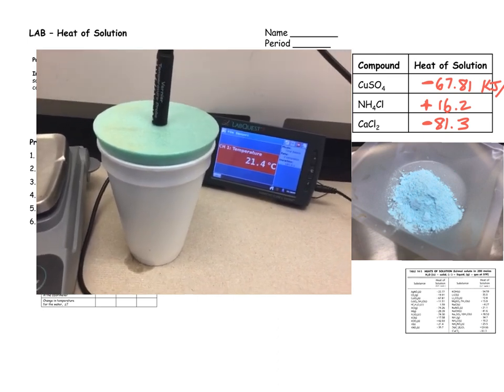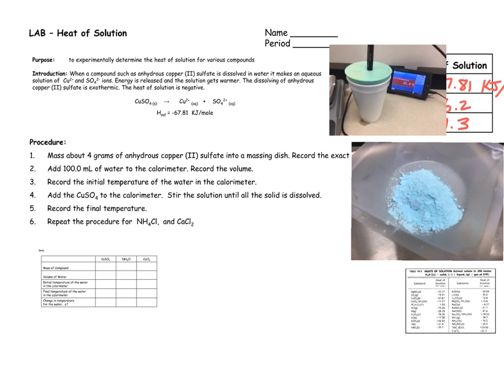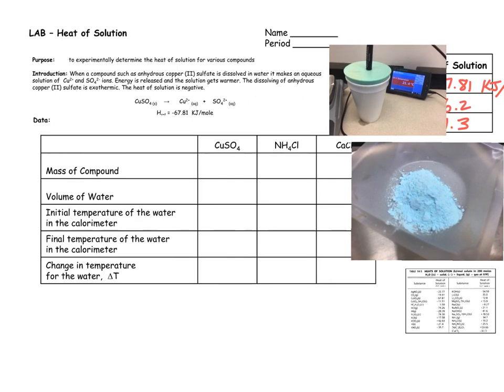Let's record some data. The mass was 5.14 grams of copper sulfate. The volume of the water was, we'll say, 100.0 milliliters, which is going to translate into 100 grams later.